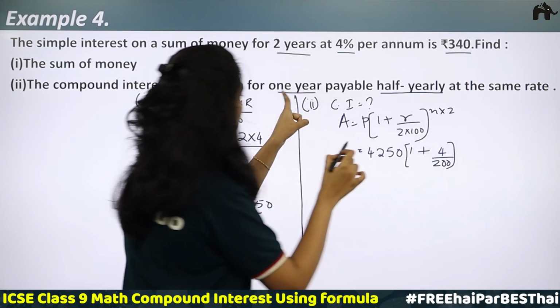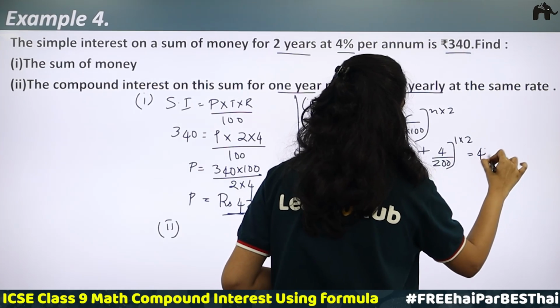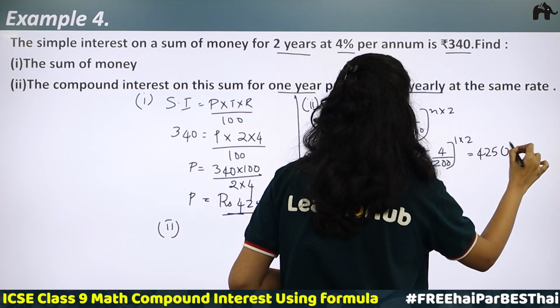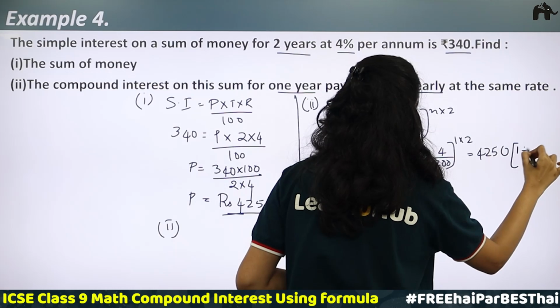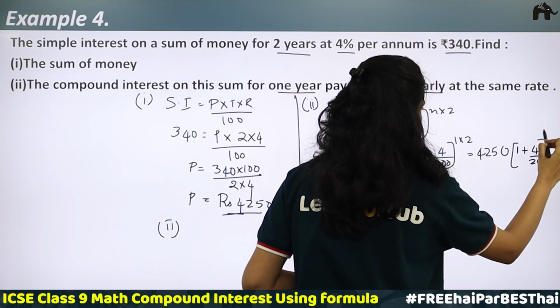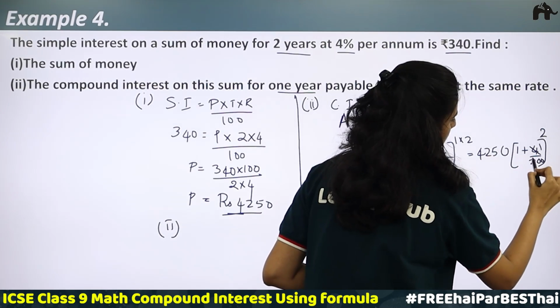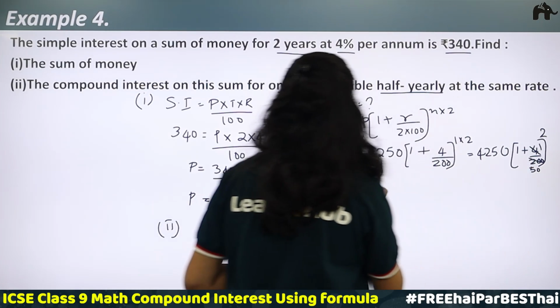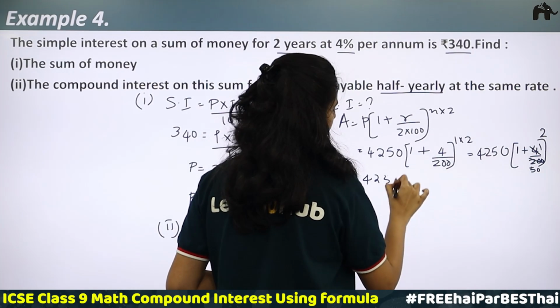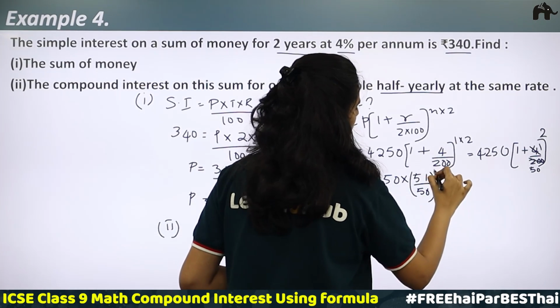This is given for 1 year. So 1 into 2 equals 4250 into (1 plus 4 by 200) raised to 2. 4 by 200 is 1 by 50. This is equal to 4250 into (51 by 50) whole square.